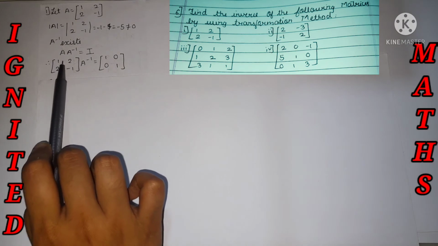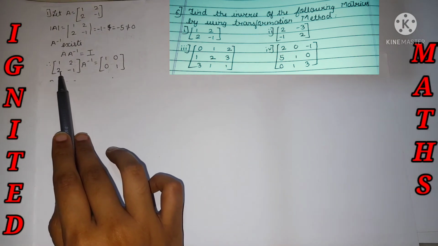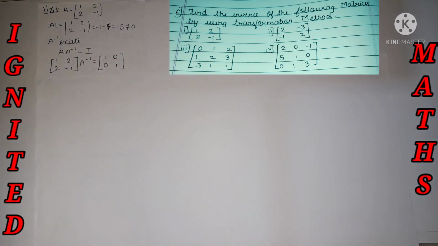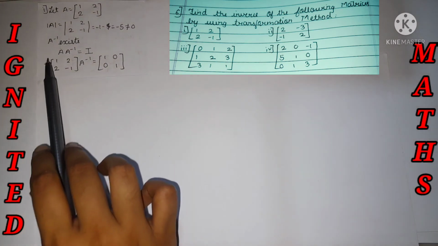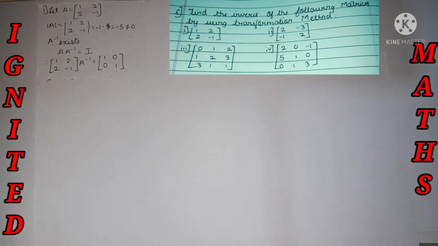Over here it's already 1, so no need to do any transformation. Over here it's 2, so I need to bring it to 0. 2 minus 2 R1 is 0, so I'll do the operation R2 minus 2 R1.